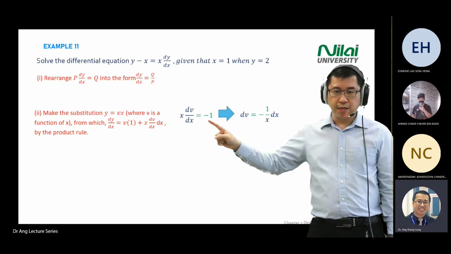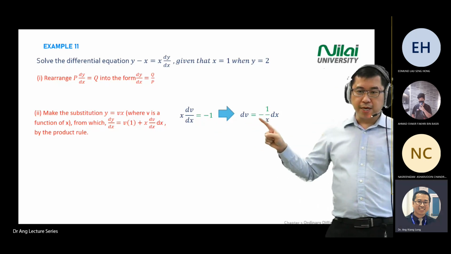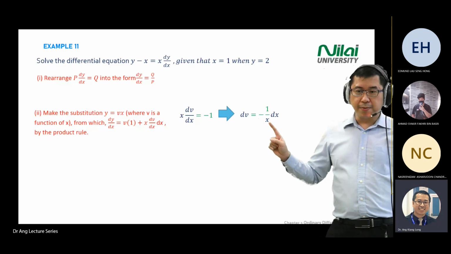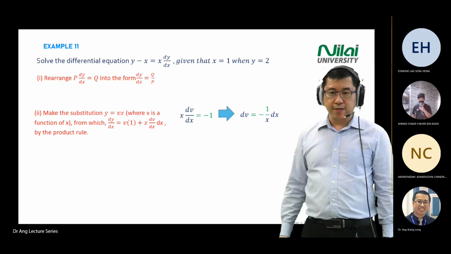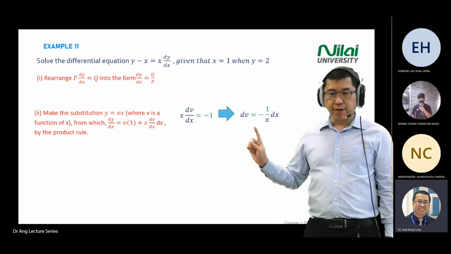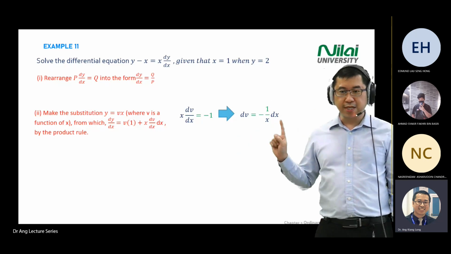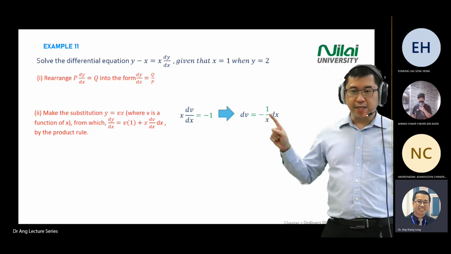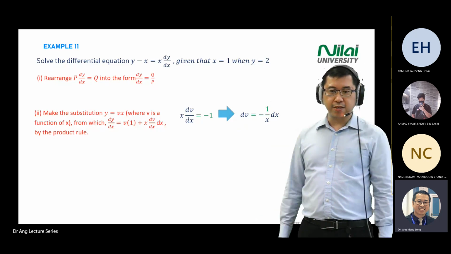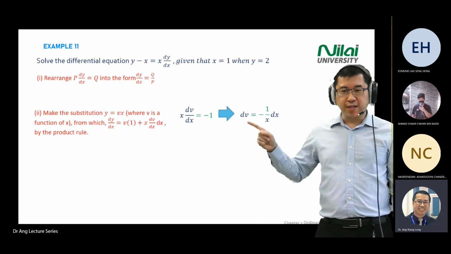So from here, continue: minus 1 multiplied by 1 over x dx. And here, you know that every time you see dv on one side, dx on the other, or dy on one side, dx on the other, the next step is integration. Right? Automatic.